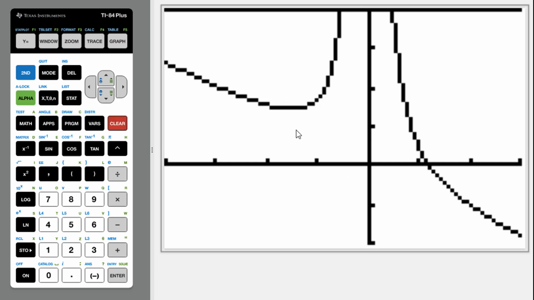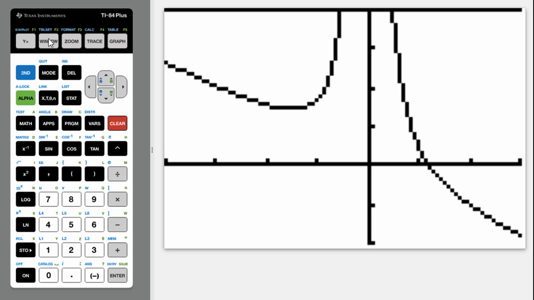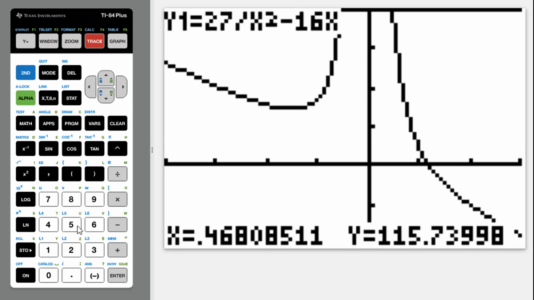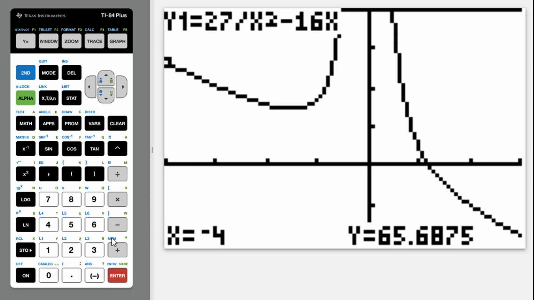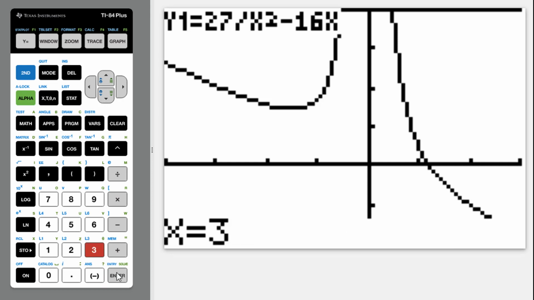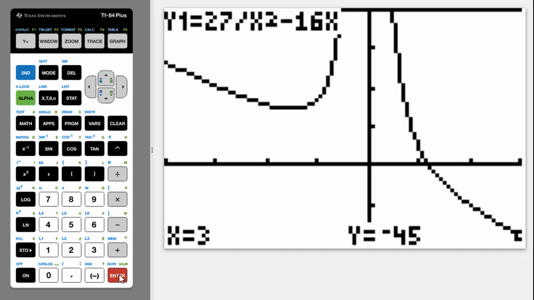Then for HL level, most of the time you need to show the domain and range. When x equals negative 4, I go to trace, put negative 4, enter. You will get 65.7. Then I press 3 for f of 3. You will get negative 45.